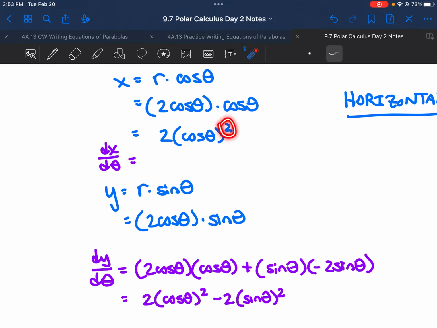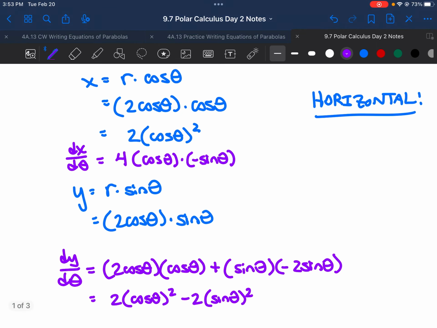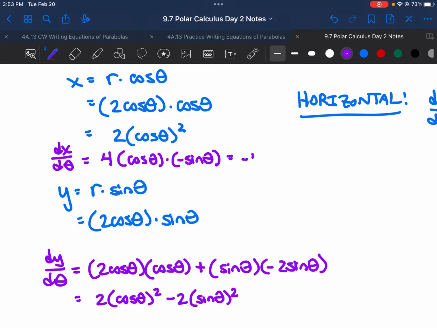So applying power rule, 2 times 2, that's going to give us 4, times the inside function cosine θ, reduce the power by 1, times the derivative of the inside. Well, the derivative of cosine θ is negative sine θ. Okay, so this is negative 4 cosine θ sine θ.